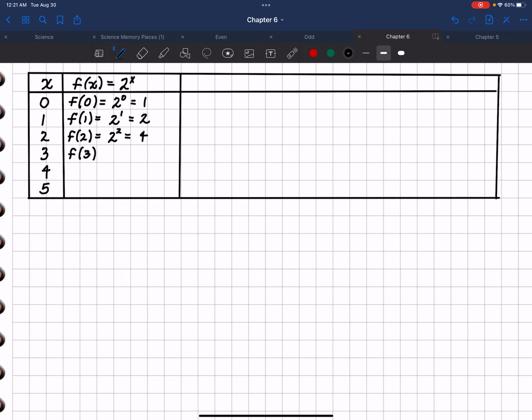F of 3, we have 2 to the third power, which is 8. F of 4, we have 2 to the fourth power, which is 16. And then f of 5, we have 2 to the fifth power, which is 32.